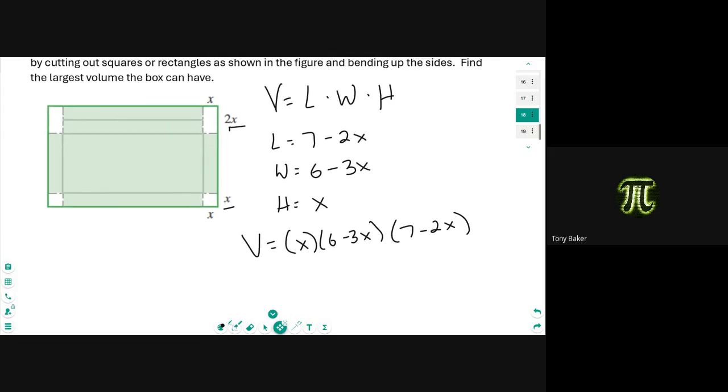If I'm looking for the largest volume, I'm looking for a maximum, right?